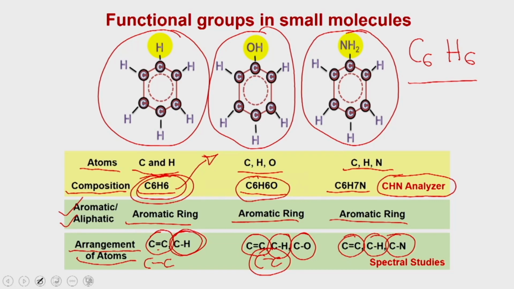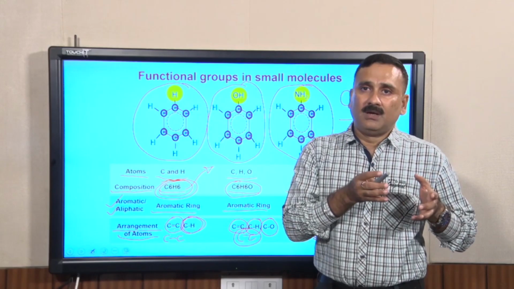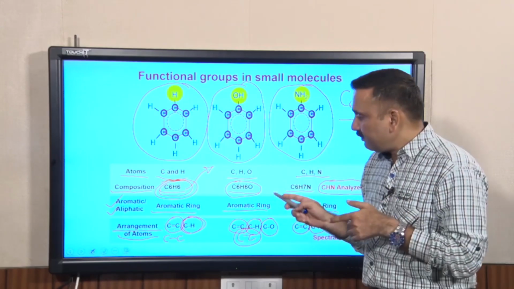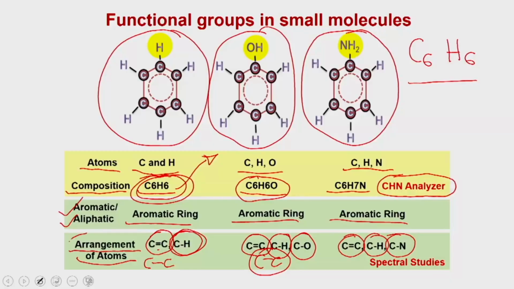In the case of phenol, you get an empirical formula C6H6O, which means now you have an oxygen, and that can give you a functional group in terms of the aldehyde, or in terms of the alcohol, and whether it is an aldehyde or an alcohol, you will get that information when you study the arrangement of the atoms.